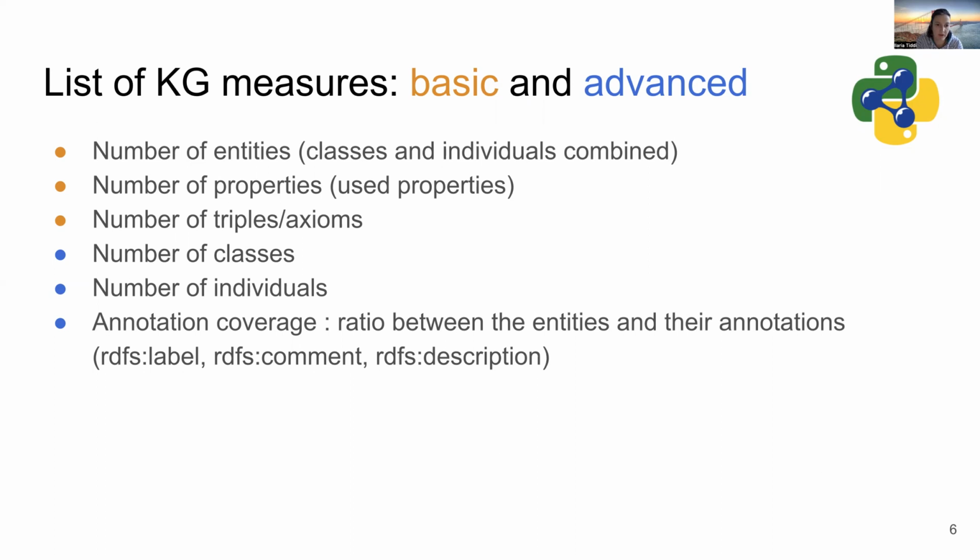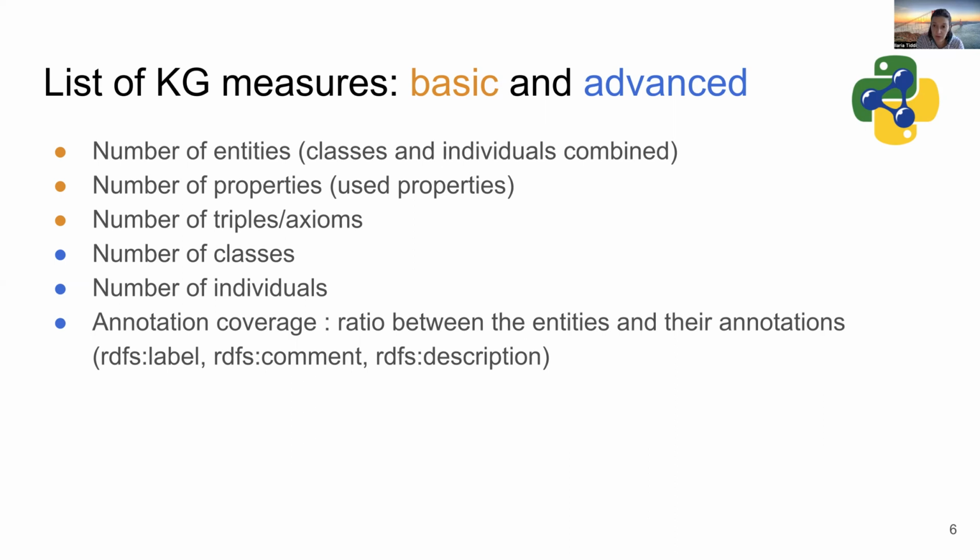So this is the schema level and the data level together. The number of properties, so how many properties are being used, how rich is your knowledge graph, the number of triples and axioms overall. So these are the basic ones, where you combine schema and data together.